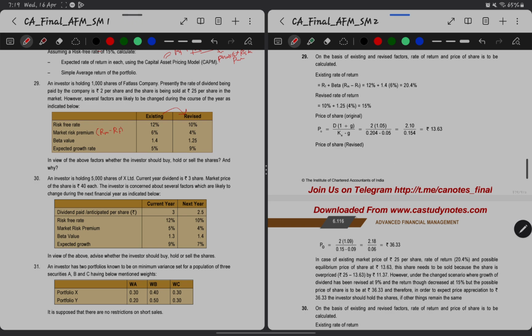Now, based on the existing and then the revised factors, we need to find out the existing rate of return of the respective holding.